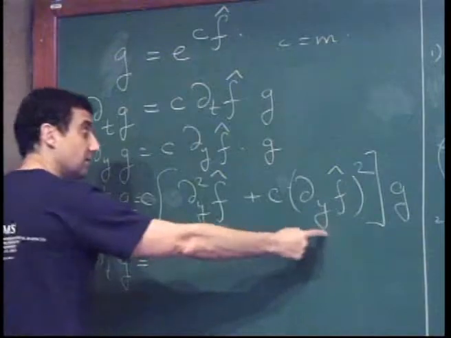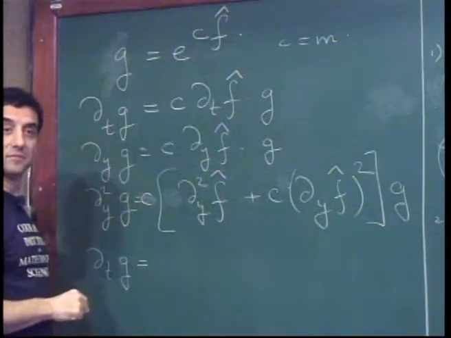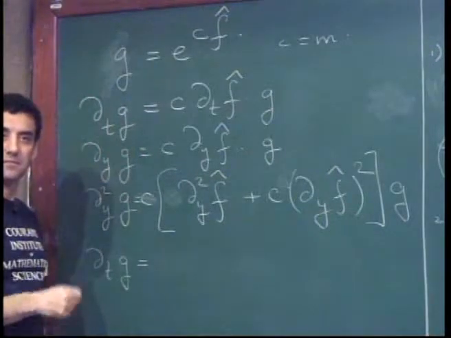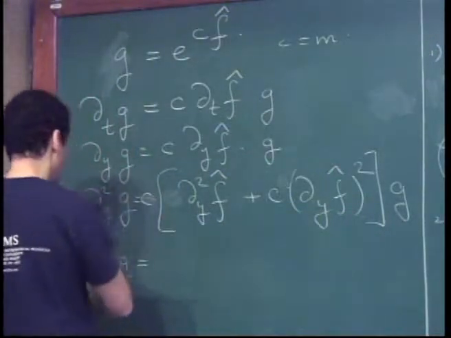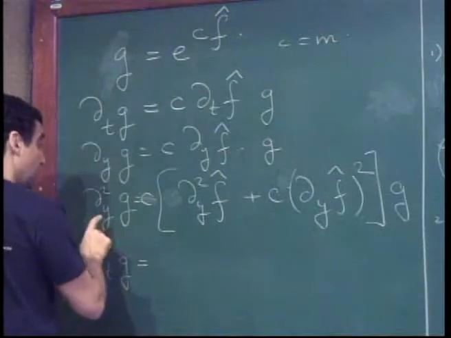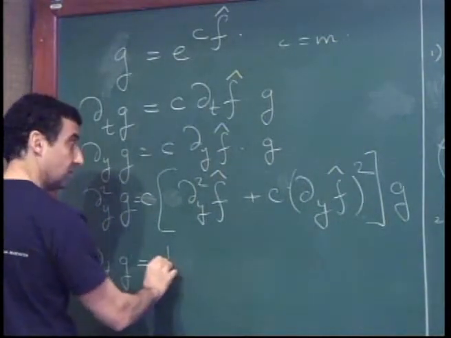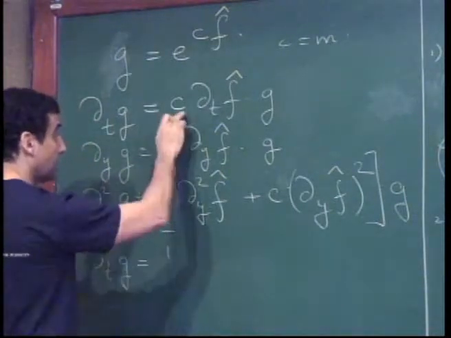Then this thing here is exactly this thing, right? d_t f hat is this, right? So here, I just proved that d_t g is exactly that. Maybe there was a 1 over c somewhere, which, no, because I have the same c here.